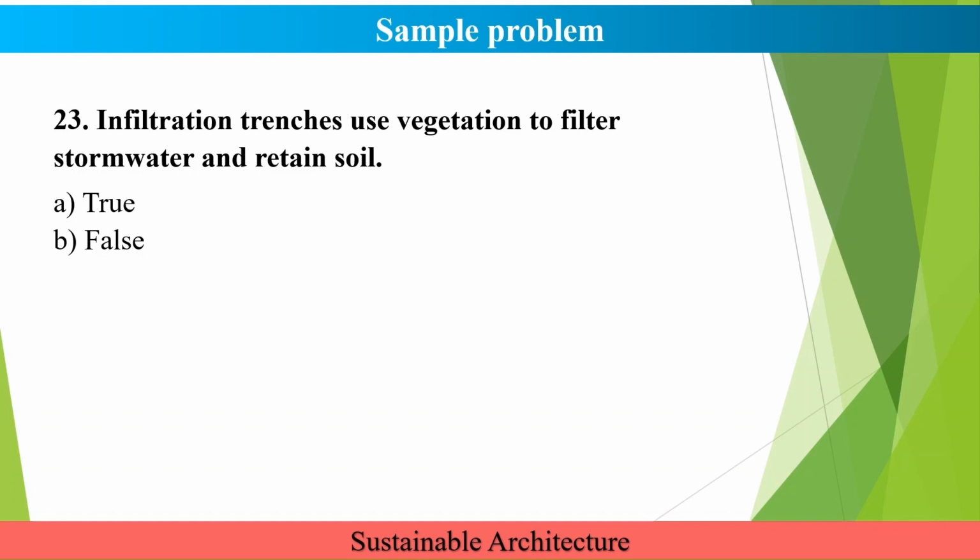Vegetation is used in a different strategy, which we call biofiltration soil, not infiltration trenches. So be specific with the words. This vegetation is used in biofiltration soil, where the plant roots help keep the earth porous and support water infiltration. I think now it is clear to all of you.